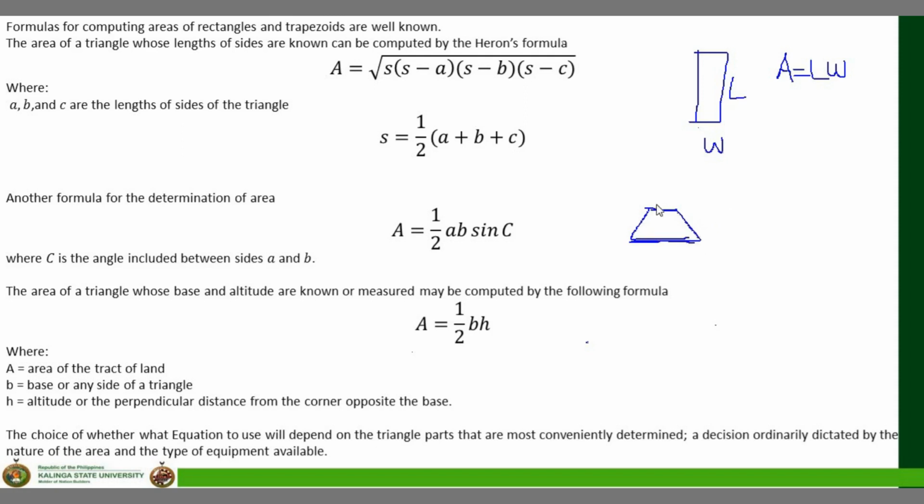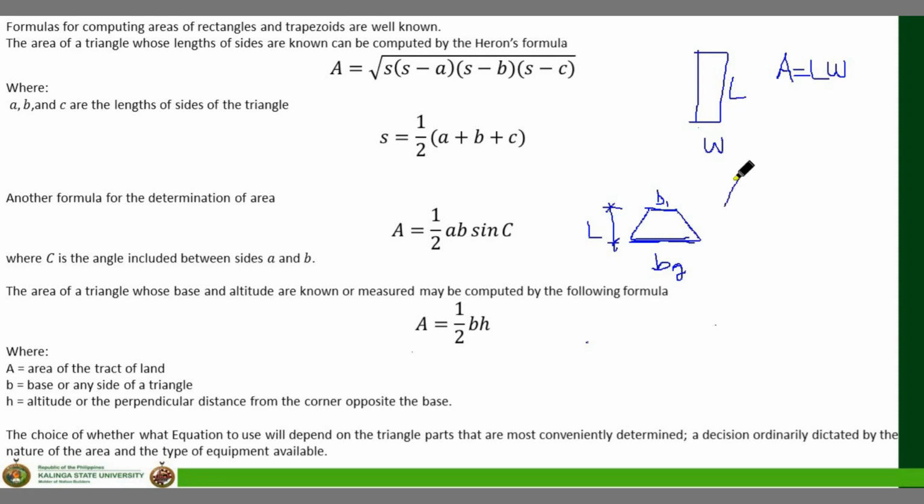How about for a trapezoid? This is an example of a trapezoid. Let's say this is base 1, this is base 2, and this is the height of your trapezoid.